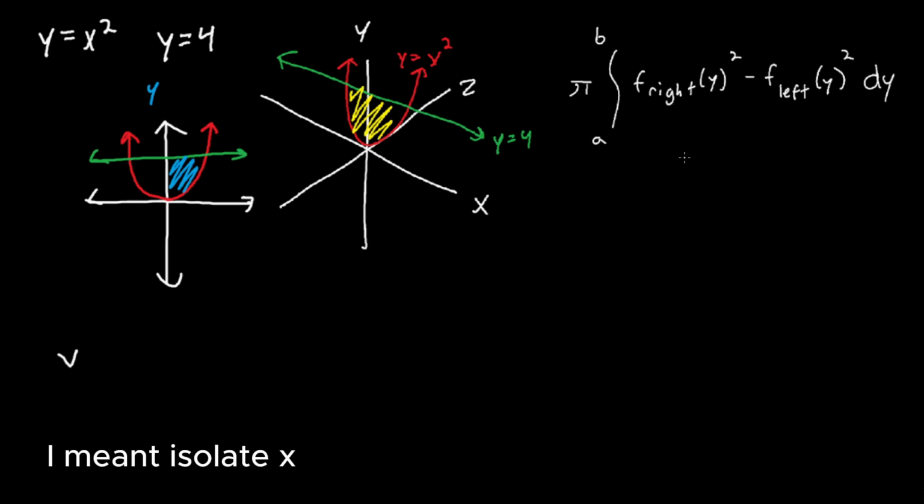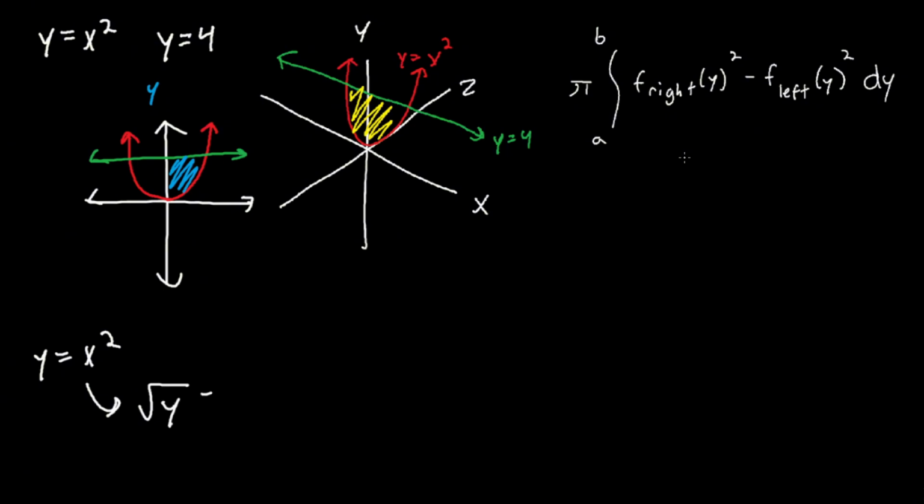This is important to know, because in order to get your functions with respect to y, you simply need to isolate y. Let's isolate y here. y equals x squared turns into the square root of y is equal to x. Technically, there should be a plus or minus, but we can just ignore that. If we have just the square root of y as a function of x, our function looks like this, where it cuts off at the origin.